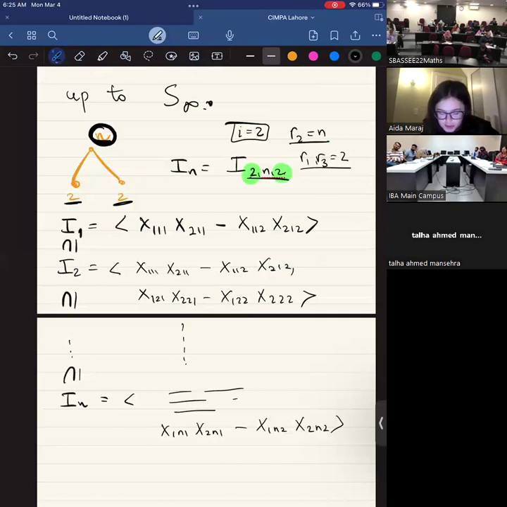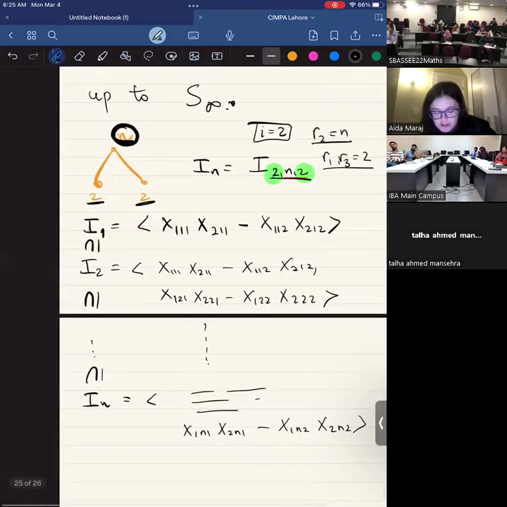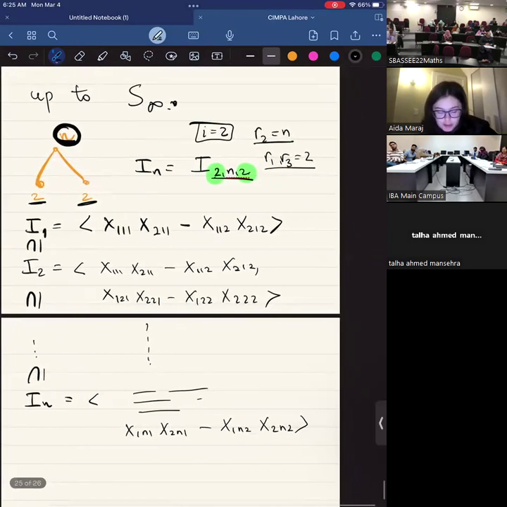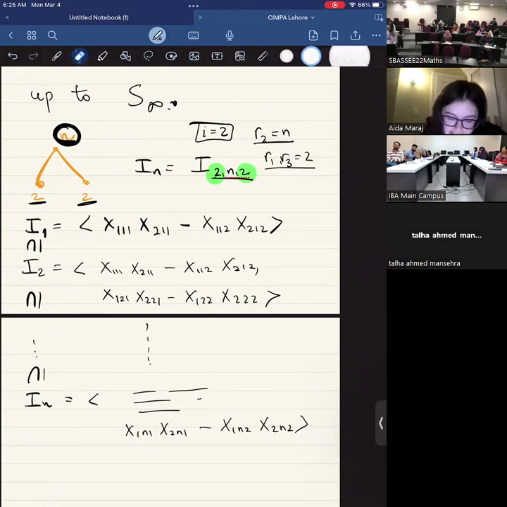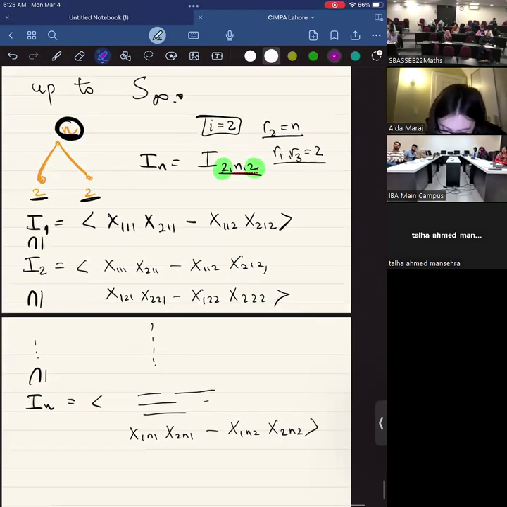So we see in this example that we are fixing the range of R1 and R3 to be 2, and we see clearly that I1 is included in I2 and so on, is included in I_n. The funny part in this case is that, if you notice, the change is only in the second index.